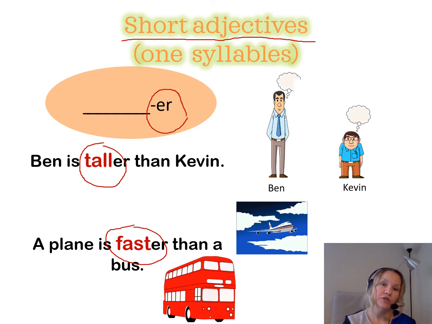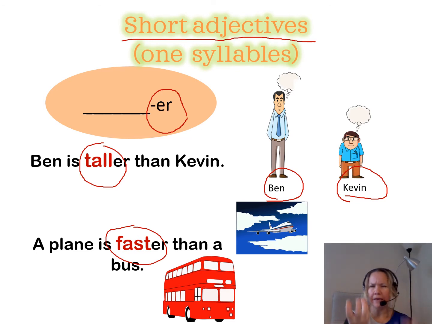If you have a look at Ben and Kevin, Ben is tall, Kevin is short. I want to compare these two people. So Ben is taller than Kevin. Okay, Ben is taller than Kevin.